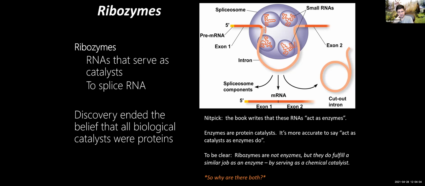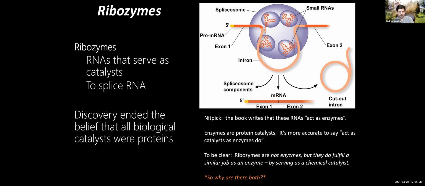I just mentioned ribozymes. Ribozymes kind of broke people's brains a little bit, because up to this point, we assumed that proteins were the only things that catalyzed chemical reactions in our cells. Here's a thought on how to organize your brain's ideas.